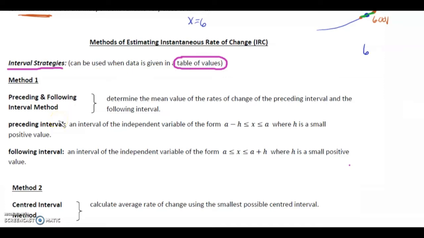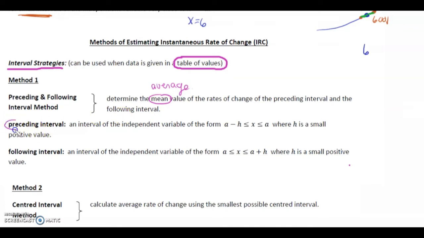The first is the preceding and following interval method. What we have to do is determine the mean value of the rates of change of the preceding interval and the following interval. Mean, if you haven't taken data, means average.